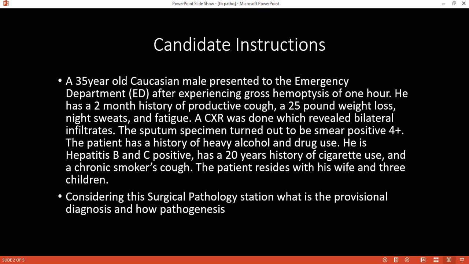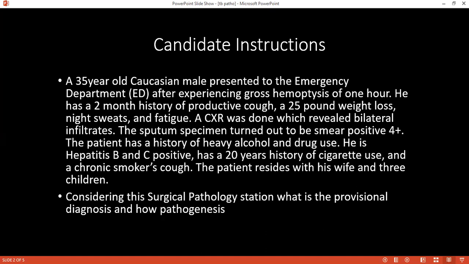Mycobacterium bovis, Mycobacterium avium intracellulare, Mycobacterium kansasii. Okay. Right.